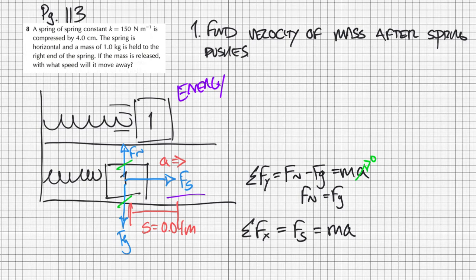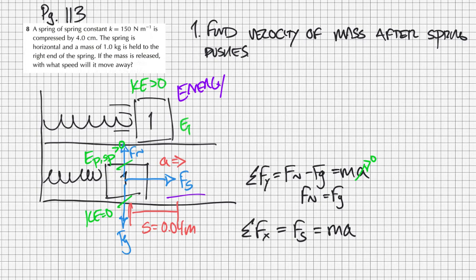So if we think about this situation, we're going to have elastic potential energy of the spring. That's going to be some value greater than 0. There's going to be no kinetic energy, and there's no gravitational potential energy here either because it's at a height of 0. Now again, this is not higher than this. It just goes from here to here. But here now we have some kinetic energy, which is going to be greater than 0.